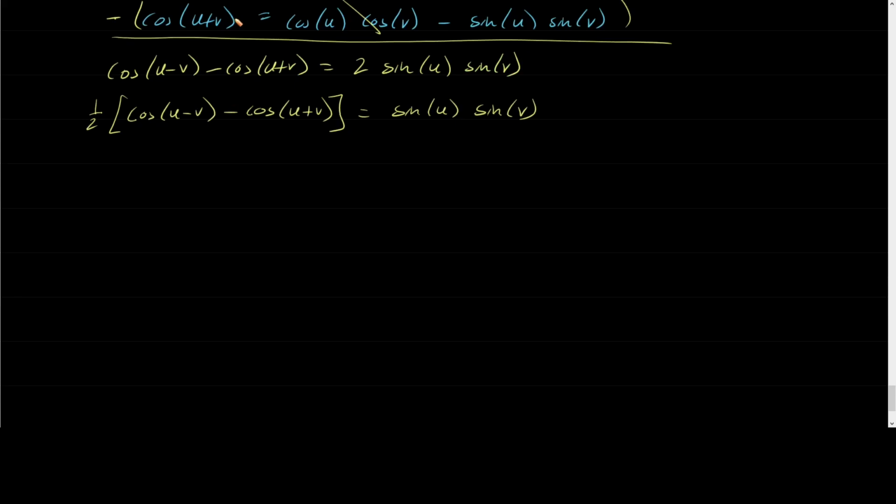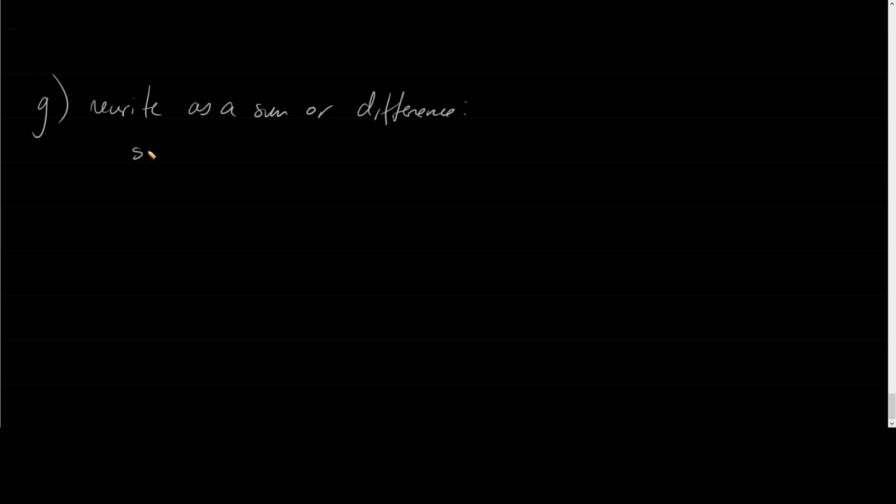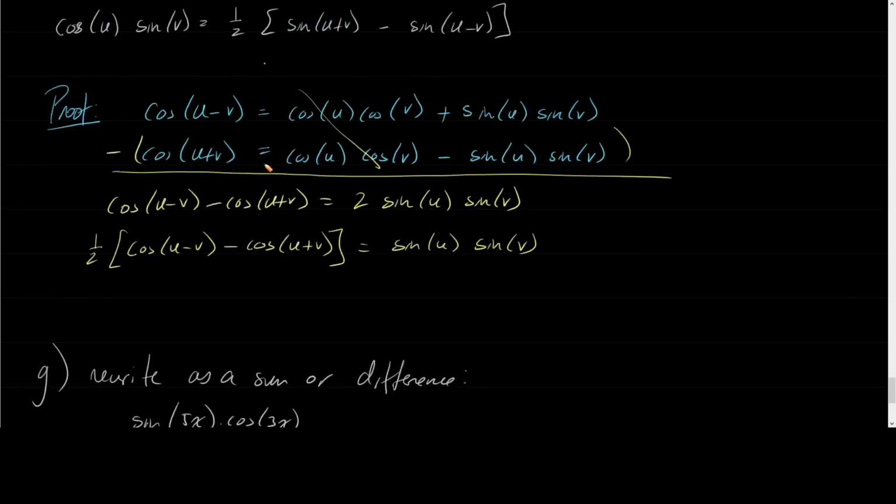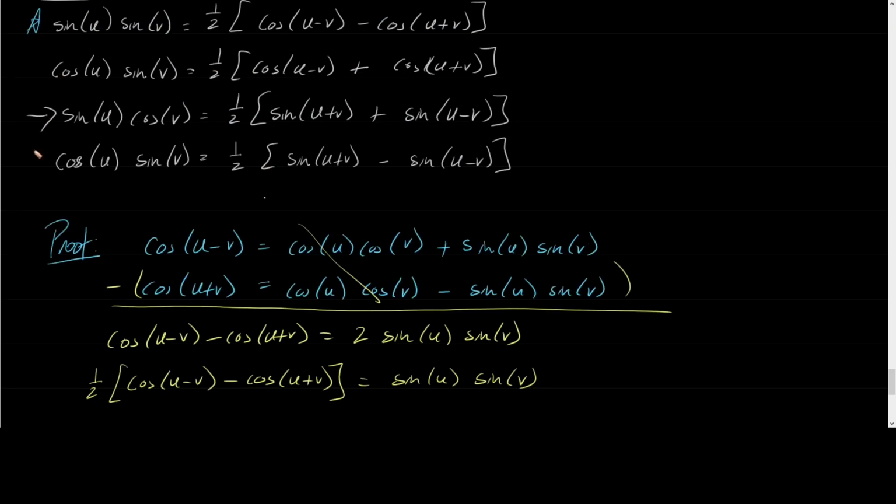All right, now how can something like this be used? Well, example G: rewrite as a sum or difference. I can start with something like sine of 5x times cosine of 3x. I'm going to use this formula right here because I have sine of u times cosine of v.